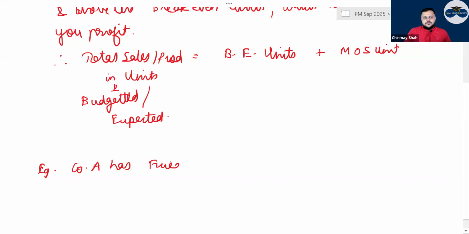Company A has fixed costs of $90,000, selling price is equal to $10. Variable cost is equal to $4. Full stop.